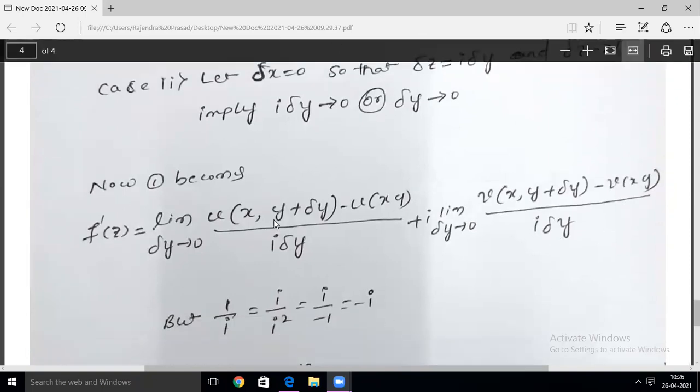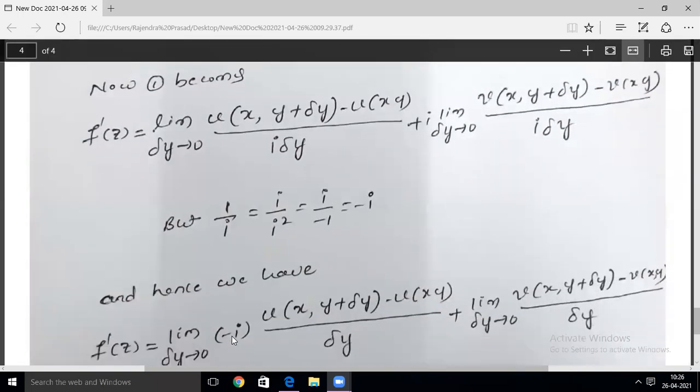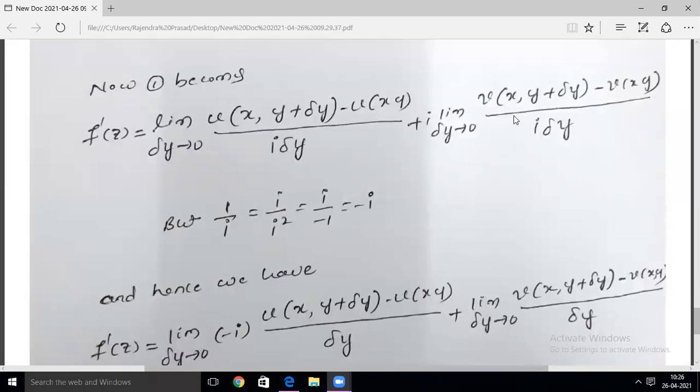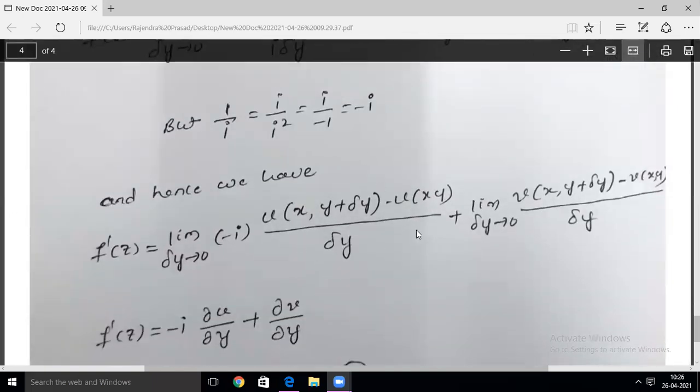So we know that 1 upon i can be written as minus i. Multiplying and dividing by i, we get i upon i square, which is minus 1, so i upon minus 1 is nothing but minus i. So 1 upon i is minus i, and this i and this i cancel. As usual we write minus i here.